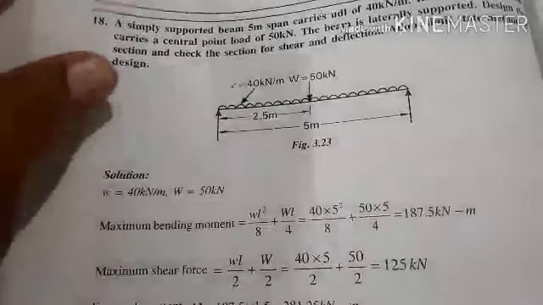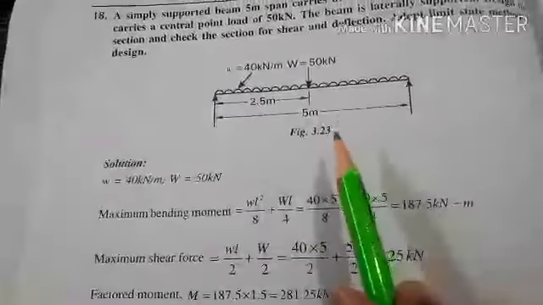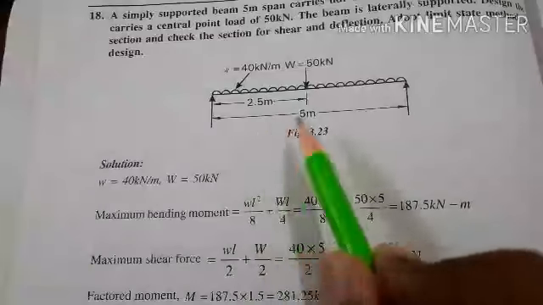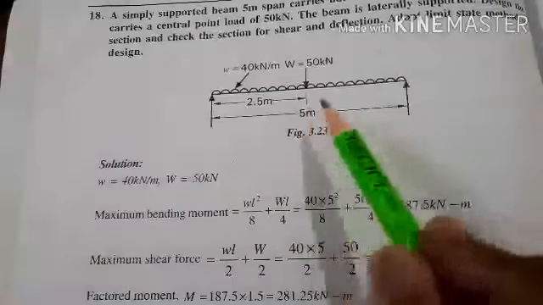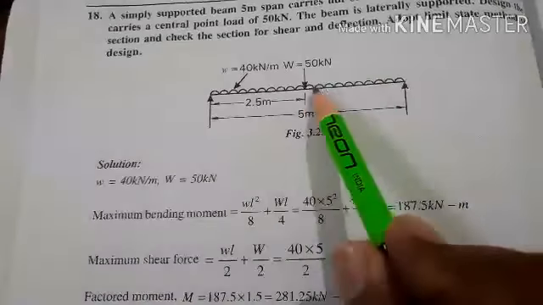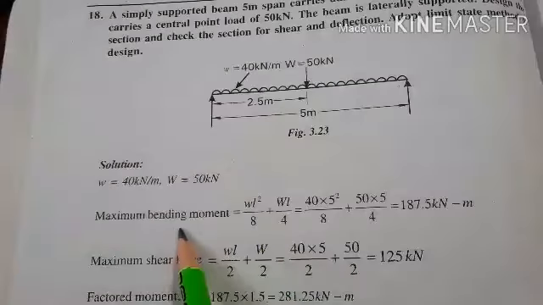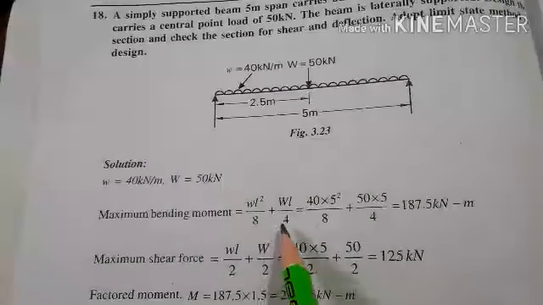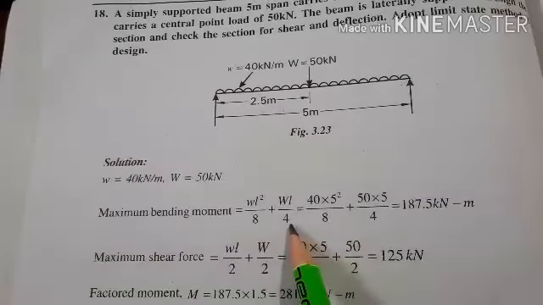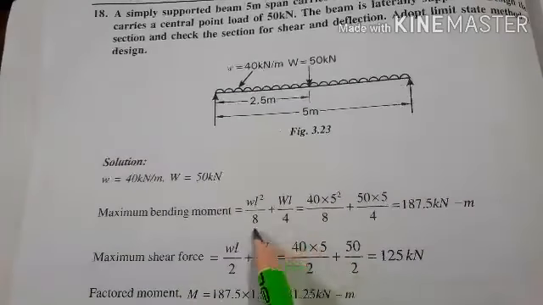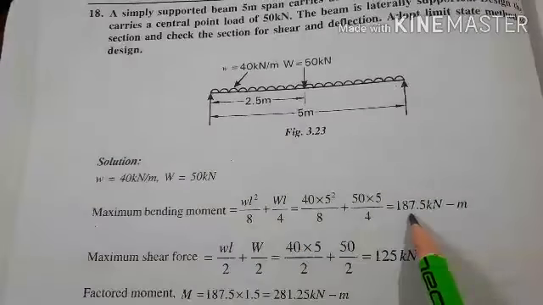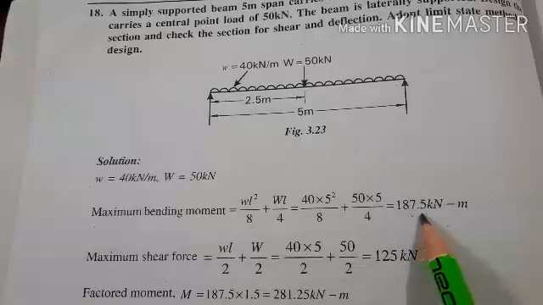Then the maximum bending moment, that is the combined effect of bending moment for the point load as well as for the UDL, that is WL square by 8 for the UDL and WL by 4 for the point load, and adding both we get 187.5 kN meter.